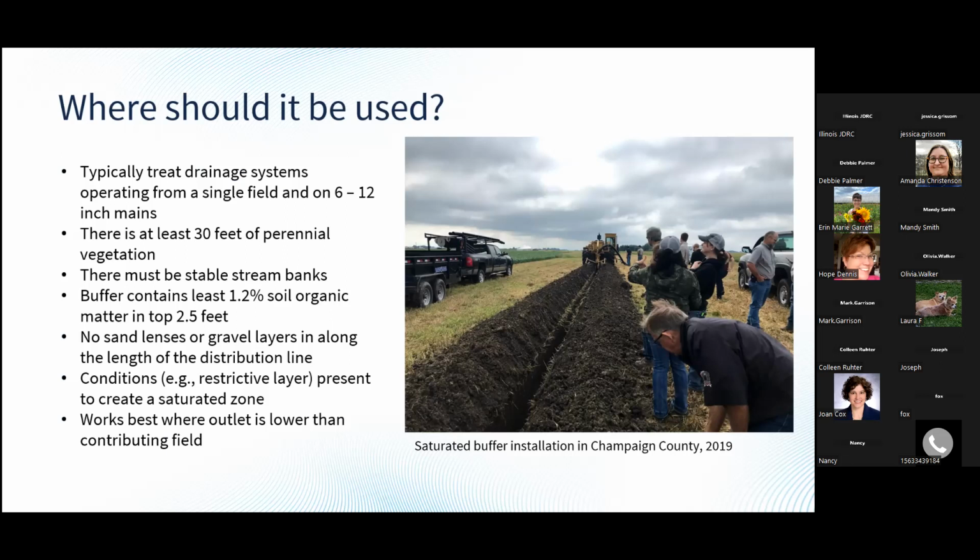And then again, that buffer must contain 1.2% soil organic matter in the top 2.5 feet of soil. And then there needs to be no sand lenses or gravel layers along the length of the distribution line. And conditions like a restrictive layer need to be present in order to create that saturated zone. And ultimately, they work the best where that outlet is lower than the contributing field.